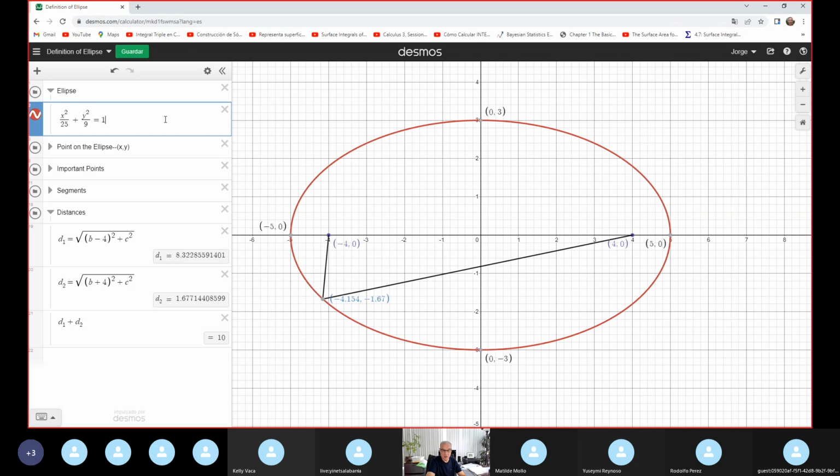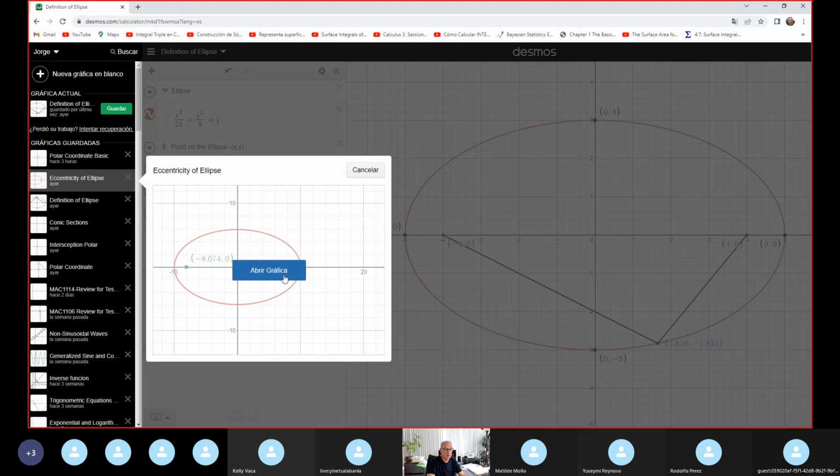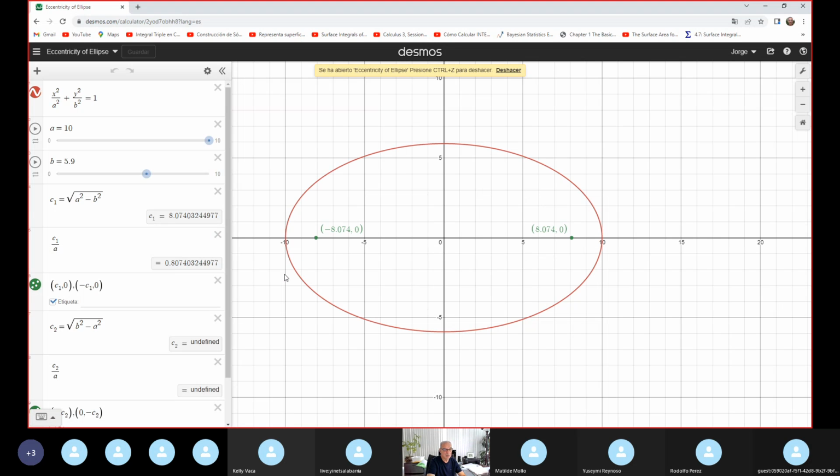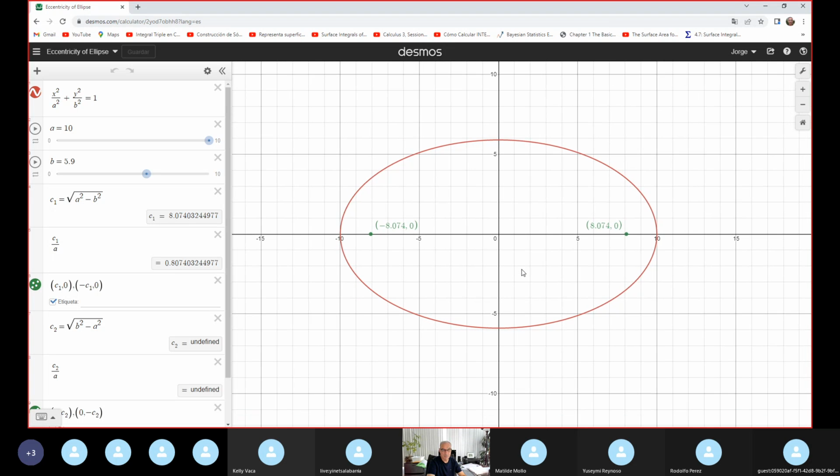All right, let me explain one more thing to start the problem: eccentricity. Because what is the relationship between the ellipse and the circle? Do you see another Desmos script? Yes.